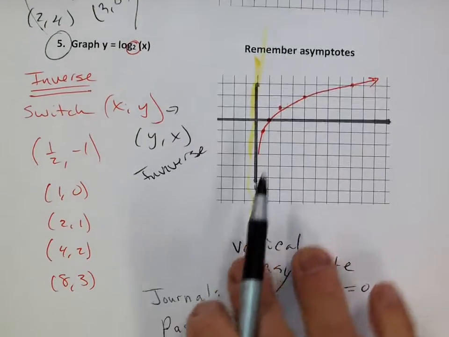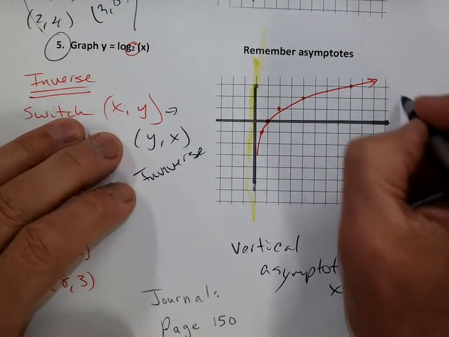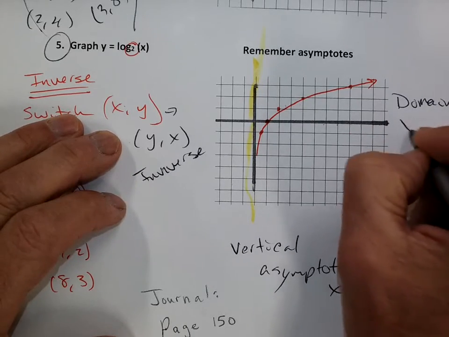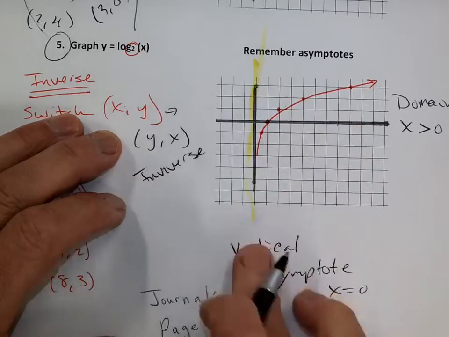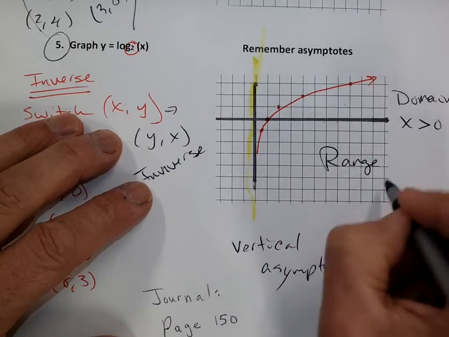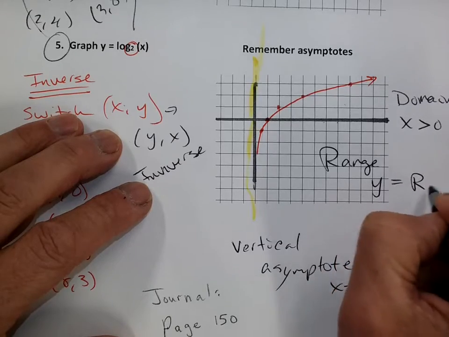Take a look at this: the domain of this graph is x is greater than 0. It never touches 0, but it's greater than 0. But the range is y is equal to all real numbers.